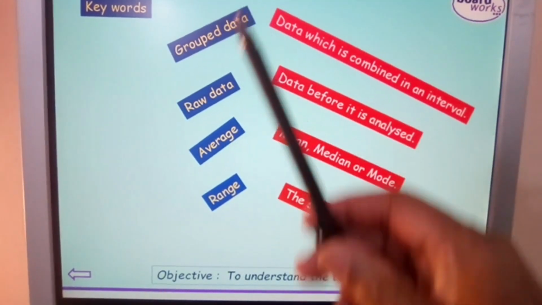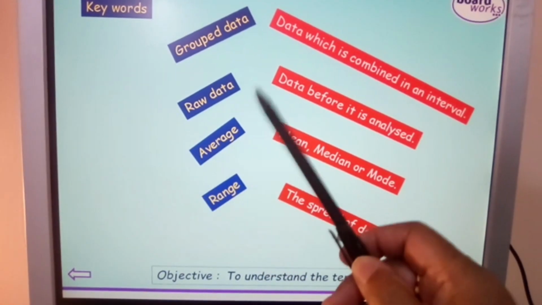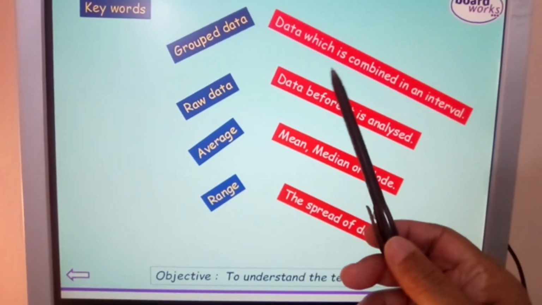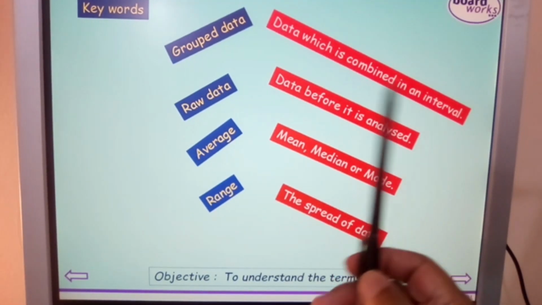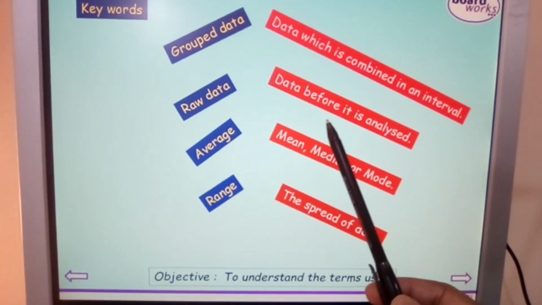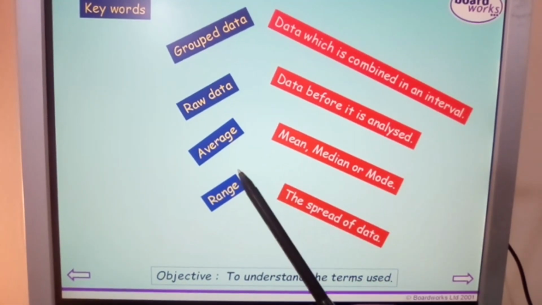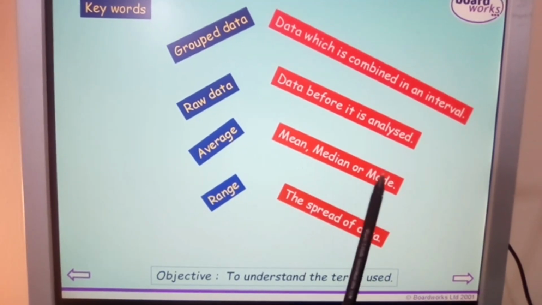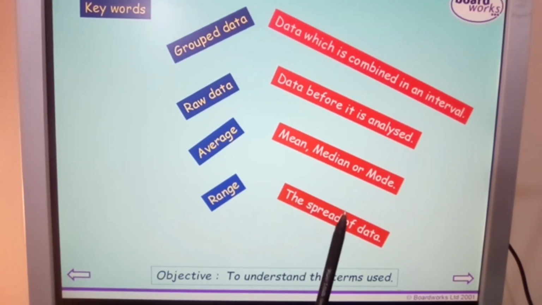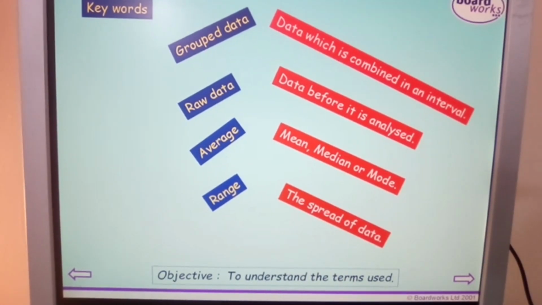Keywords: group data, raw data, average, range. Group data is data which is combined in an interval. Raw data is data before it is analyzed. Average is mean, median or mode. Range is the spread of data.